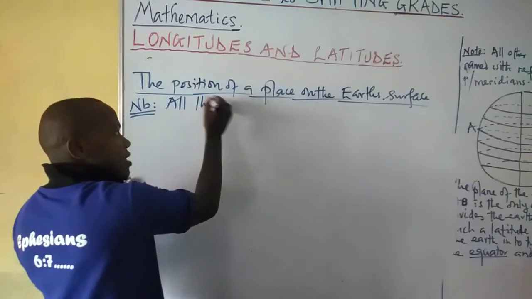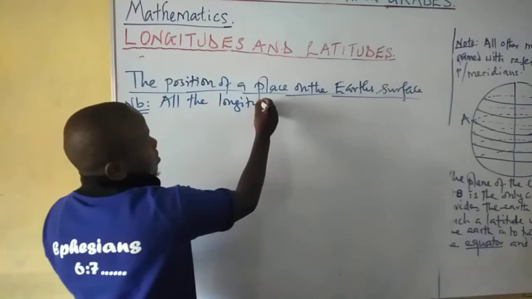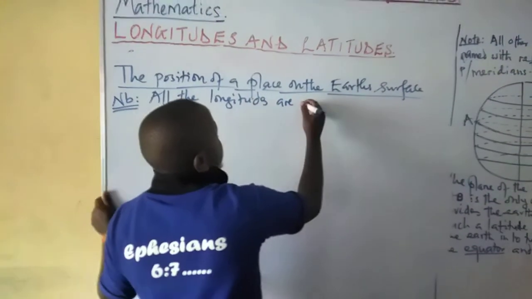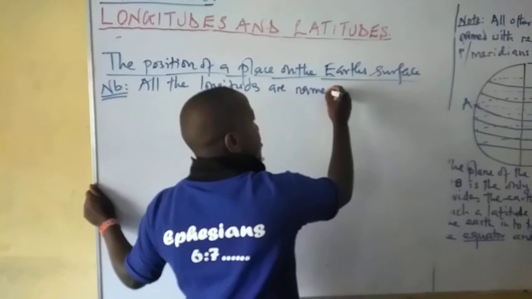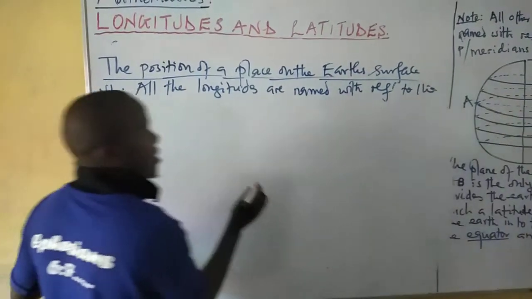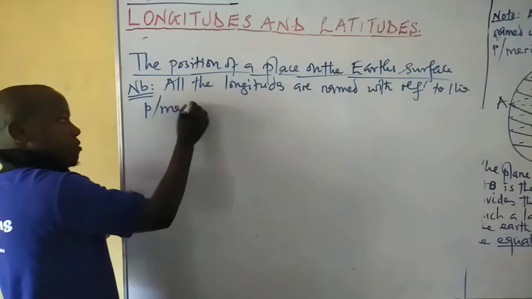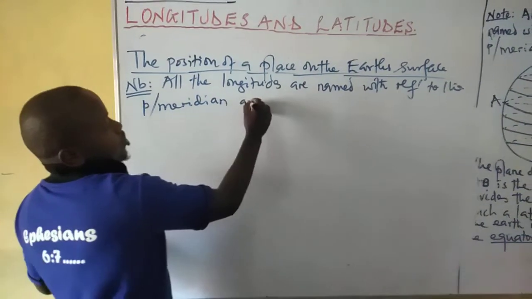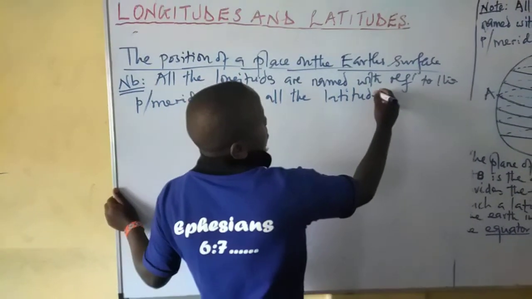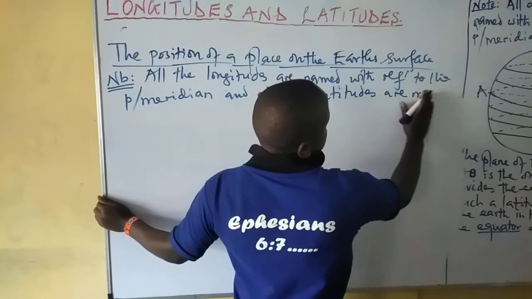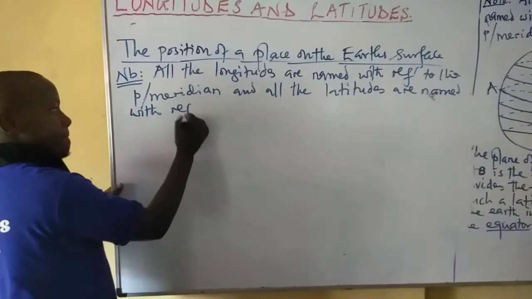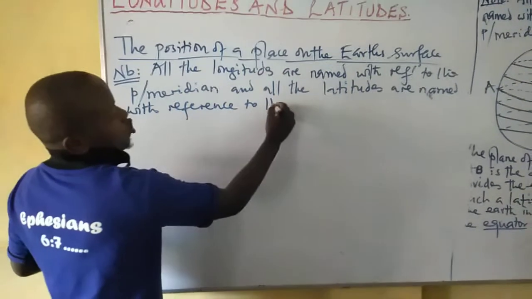All the longitudes are named with reference to the prime meridian, and all the latitudes are named with reference to the equator.